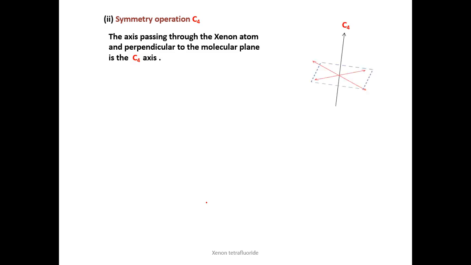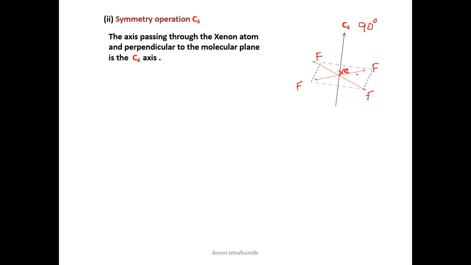C4 in xenon tetrafluoride passes through the xenon atom, and it is perpendicular to the molecular plane. Here at the middle of the square you find the xenon, and you find the 4 fluorine atoms at the 4 corners of the square, and the axis contains the atom xenon. Whatever atom is present on the axis will not get shifted during rotation about C4, which involves a 90-degree rotation.